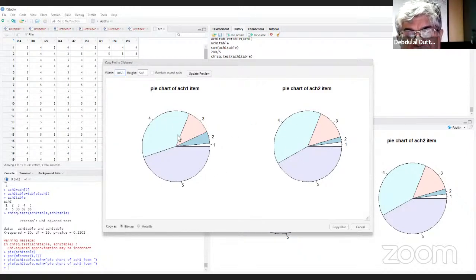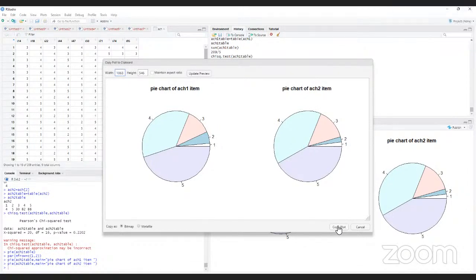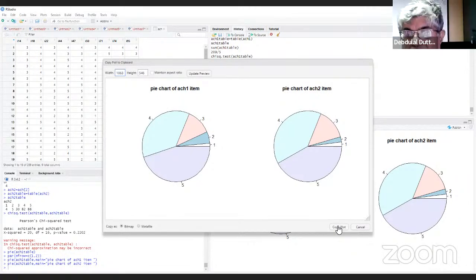Therefore, you do not find any significant difference in the frequency distribution of the observed data of this pie chart, this achievement 1 item and achievement 2 item. I think this is clear to all of you. Is it clear? Any question? No, sir. Thank you, Gorima, for feedback.